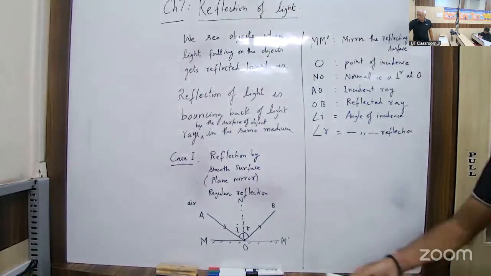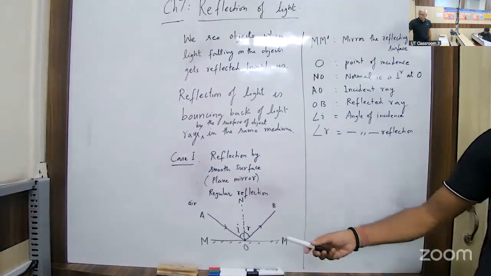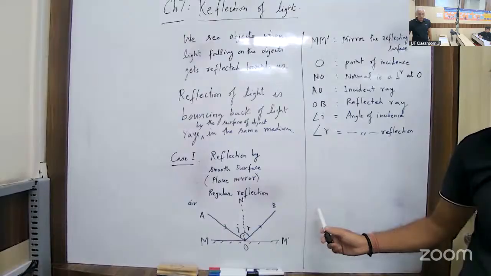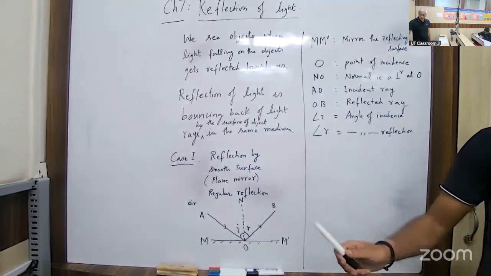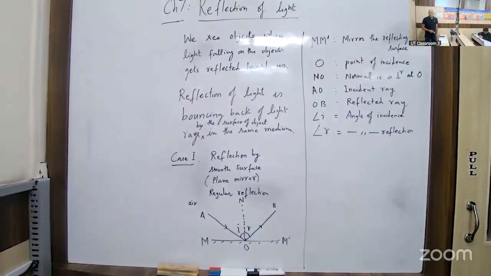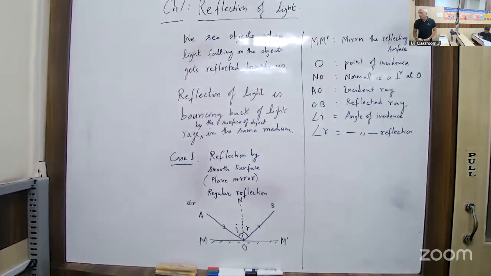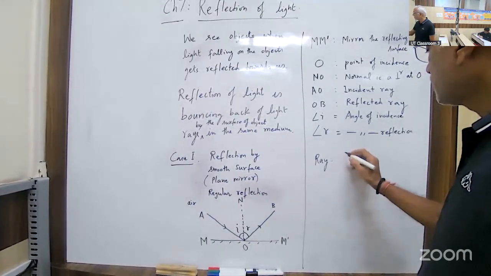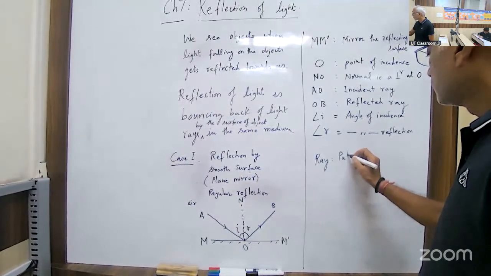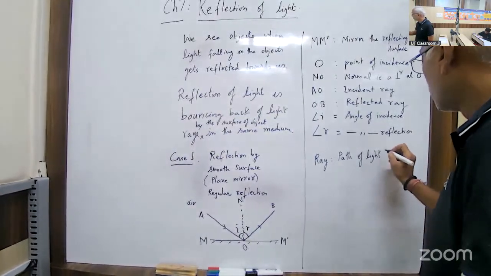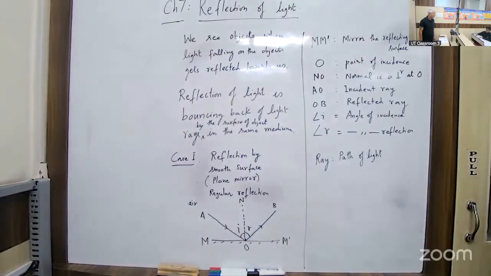You have to be very clear. The incident ray direction is towards the surface, and the reflected ray direction is away from the surface. The directions are very important in ray diagrams. Now let me also tell you, we are using ray. So what is a ray? A ray indicates the path of light. A ray only tells you the path of light.